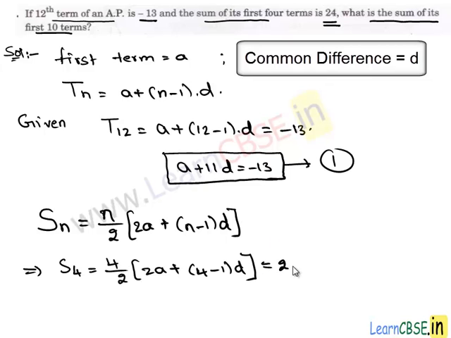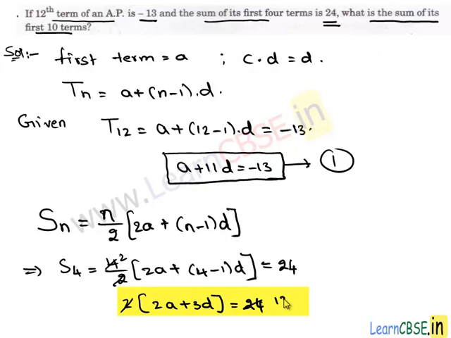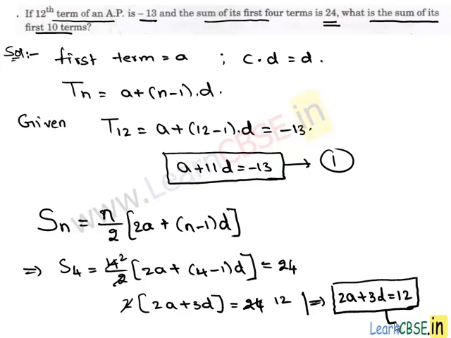Let's simplify this. The numerator and denominator contain the same factor 2, so 2 goes in 2 times. Here we have 2 times (2a + 3d), and it is equal to 24. On the left hand side and right hand side, 2 is a common factor, so 2 goes in 24 12 times. So we have 2a + 3d = 12. Thus we frame another equation. Let this equation be equation 2.